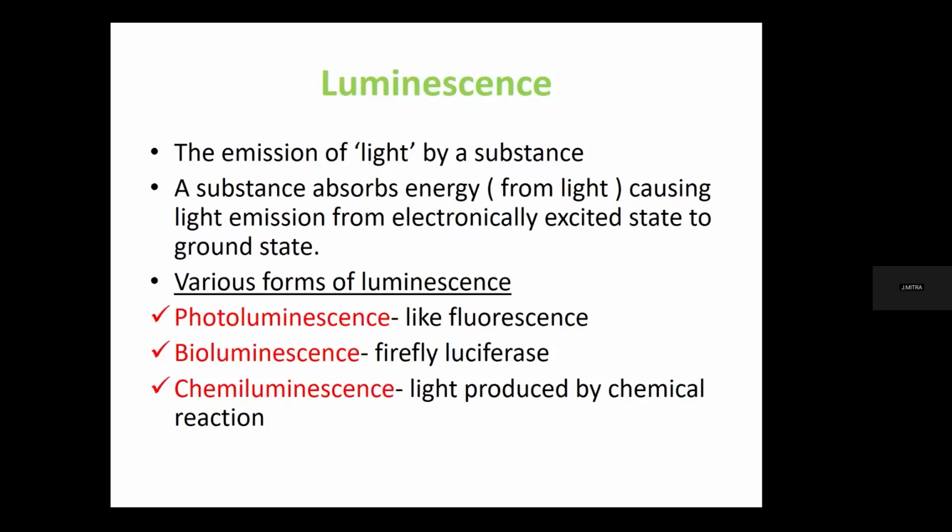And when it comes from the excited to the ground state, that energy converts into light. There are various forms of luminescence technologies, like photoluminescence. One example is fluorescence. One is bioluminescence, as we can see in fireflies and many marine animals, and chemiluminescence, where light is produced by a chemical reaction.